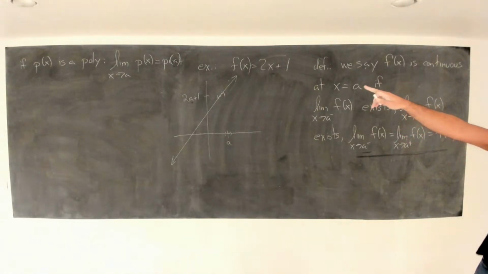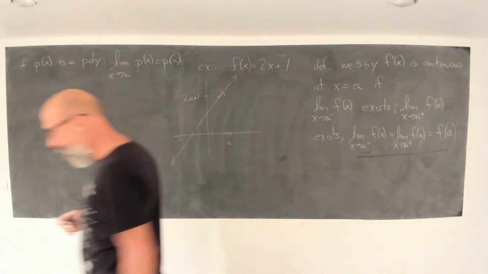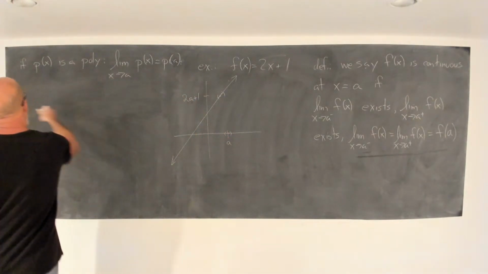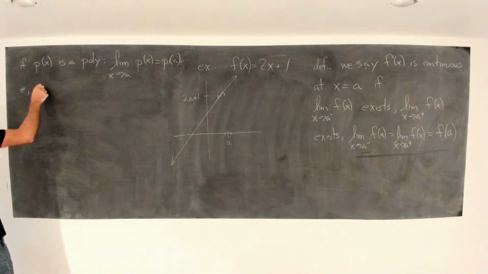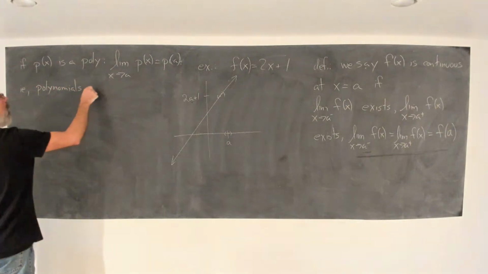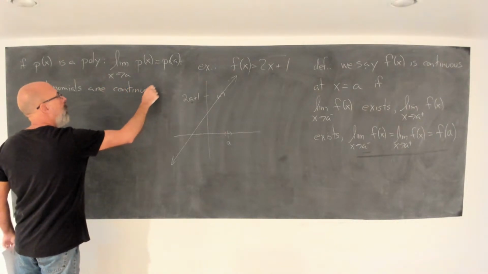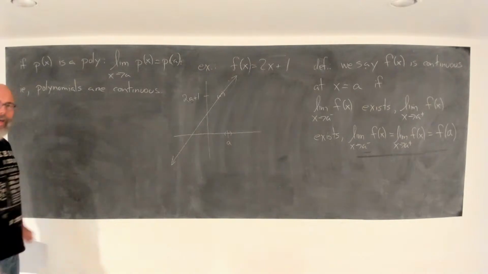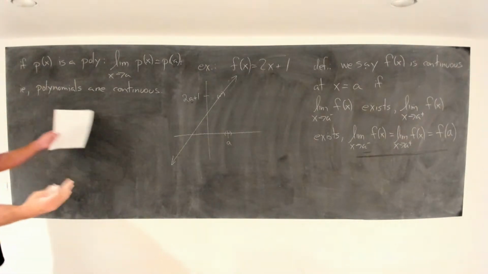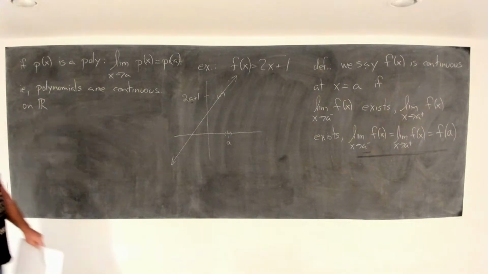So conclusion from this, essentially conclusion from limit law number 10, polynomials are continuous at any point a, so continuous on the whole real line.